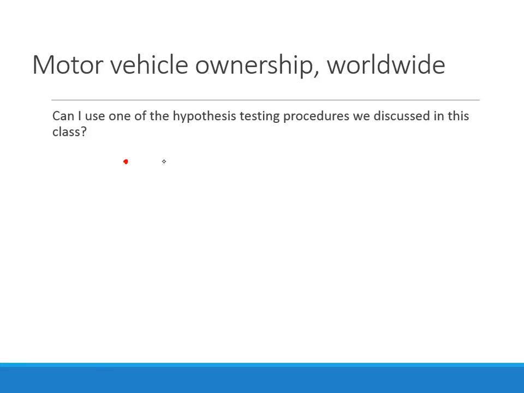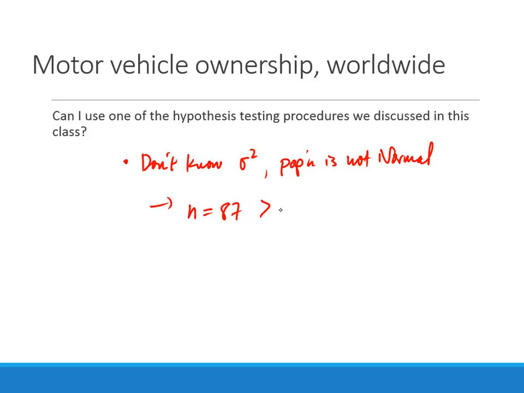So can I use what we talked about in this class? Again, I don't know the population variance, and my population is not normal. But my sample size is 87, which is bigger than 30, so we're okay as far as my sample size goes. Even though I don't have a normal population, because my sample size is large enough, I'm okay here. Again, I also need a random sample.